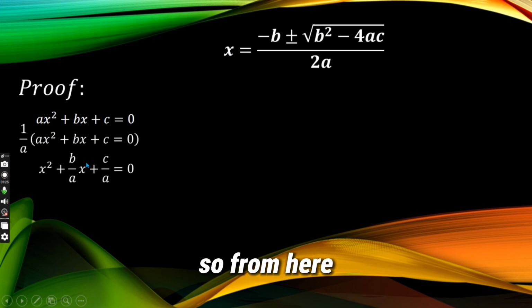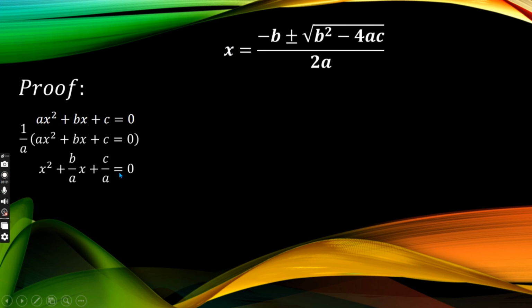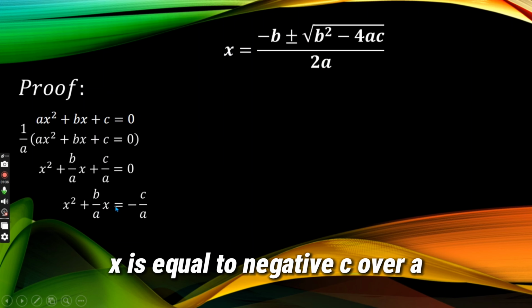From here, we will move this to the other side by APE. So we have x squared plus b over a x is equal to negative c over a.